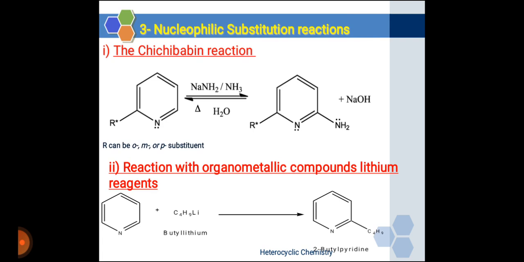Then the reaction with organometallic compounds, lithium reagents. The pyridine molecule reacts with butyl lithium, and the butyl is easily attacked at the C2 position to form the 2-butylpyridine molecule.